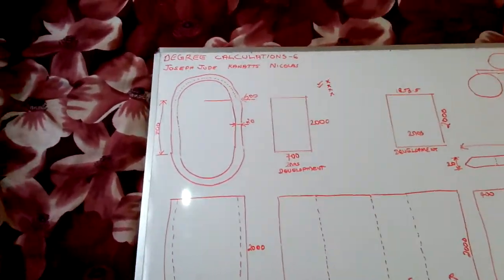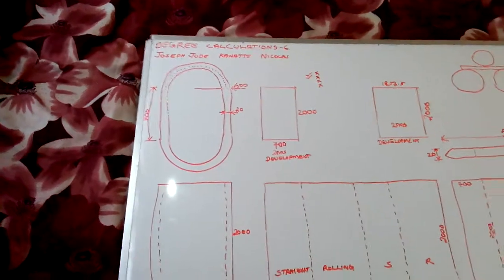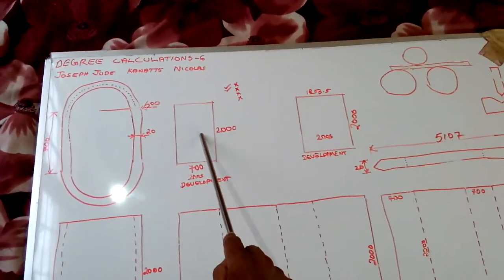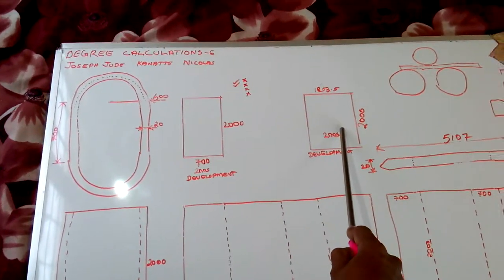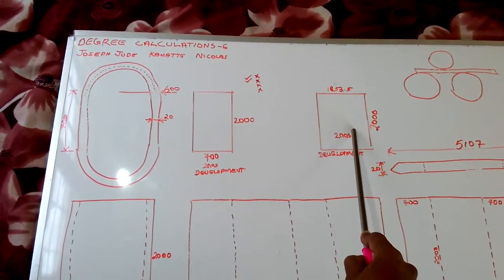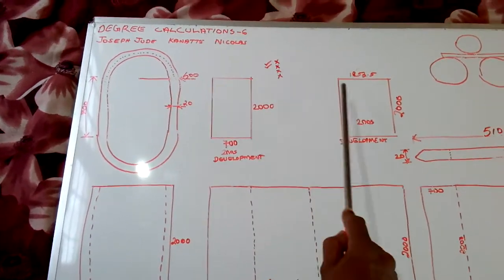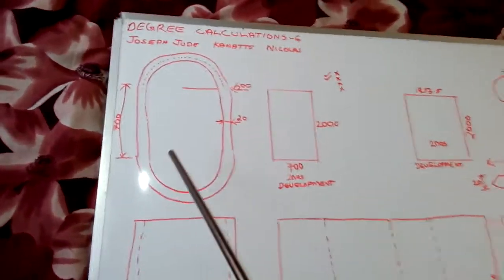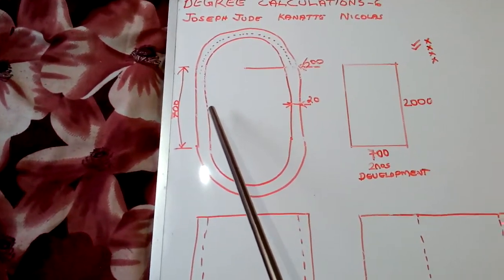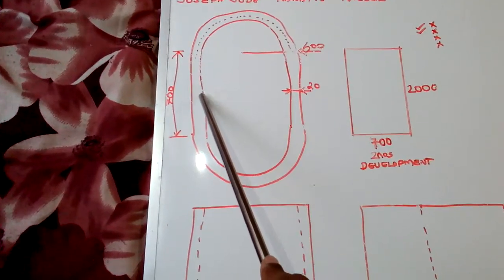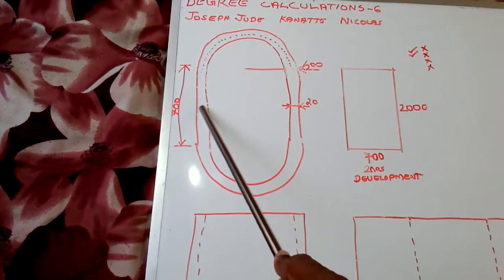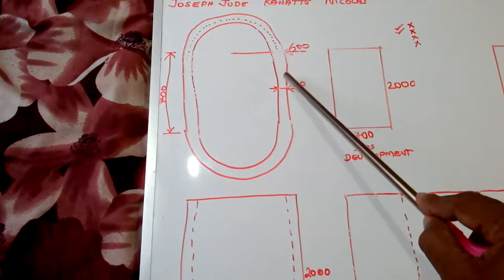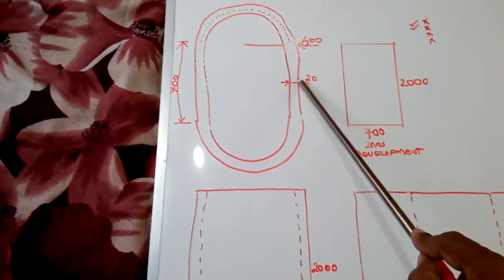And the fourth method is this. Now we used 4 plates to make this oval shaped job: 2 plates here, 2 plates here, total 4 plates. We can make it from 2 plates only, because we start from the center of this place and finish in the center of this 700.